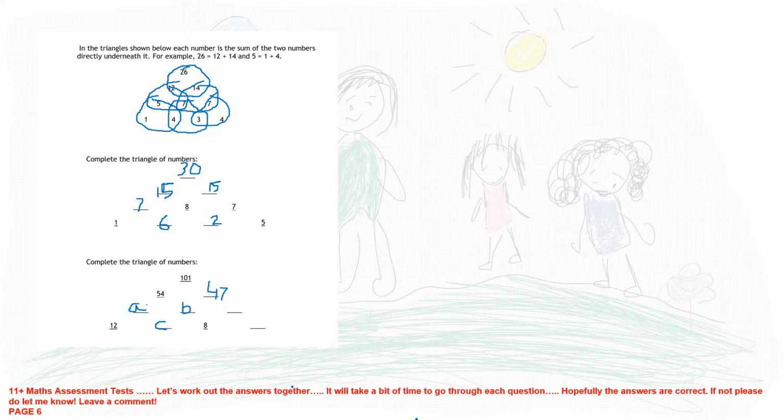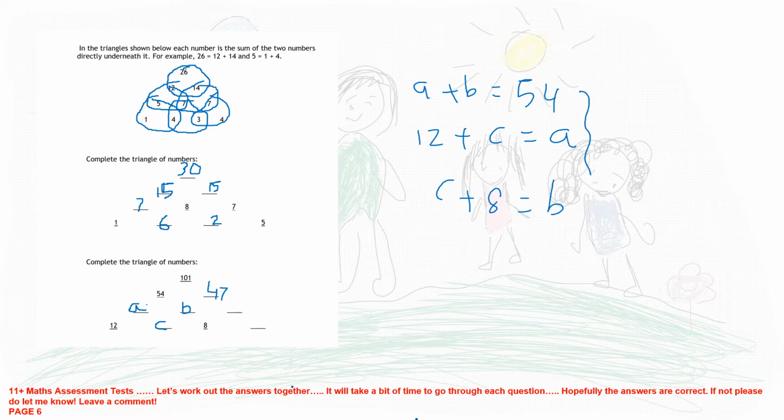So my equations will be, I know that A plus B equals 54. I also know that 12 plus C equals A. And I also know that C plus 8 equals B. Now all I have to do is solve these three.